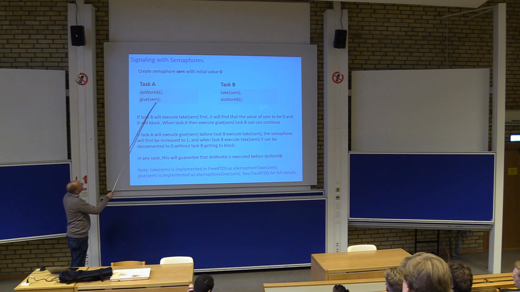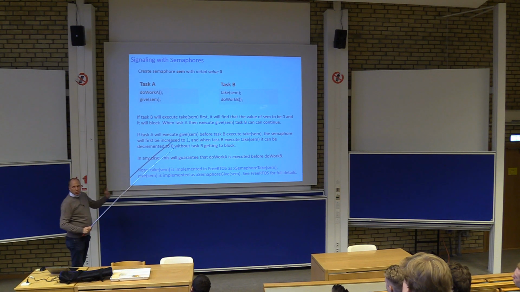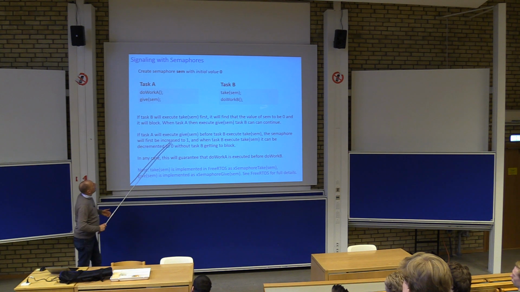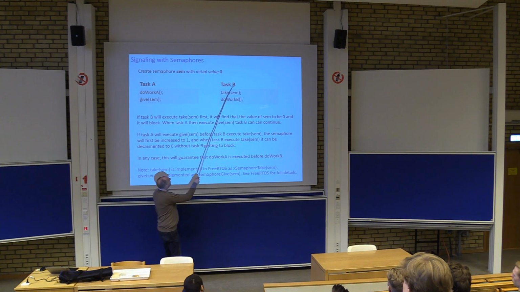And then here, give sem. Here we will increase the semaphore by 1. So this is an operation that will always succeed. But in task B, we will decrease the semaphore by executing the take instruction and then do some work B.